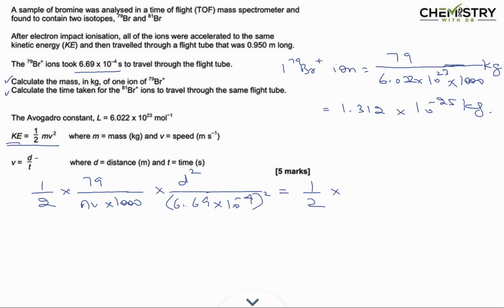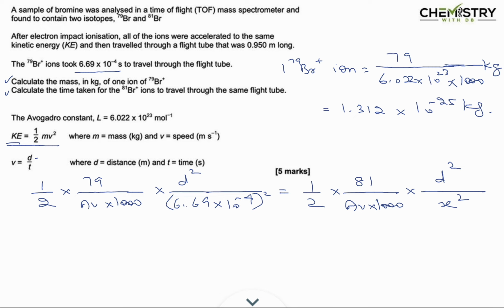For 81, it's going to be 81 divided by the Avogadro constant times 1000, and then times d squared, which is the same for this one as well, divided by x squared, because x is the time taken by the 81 ions.